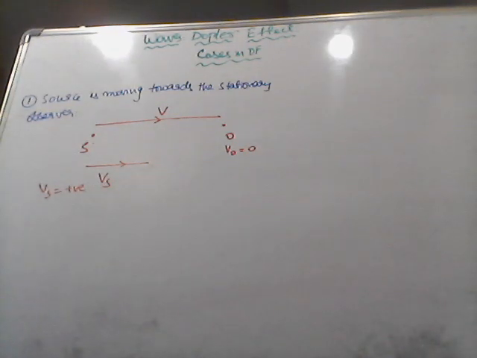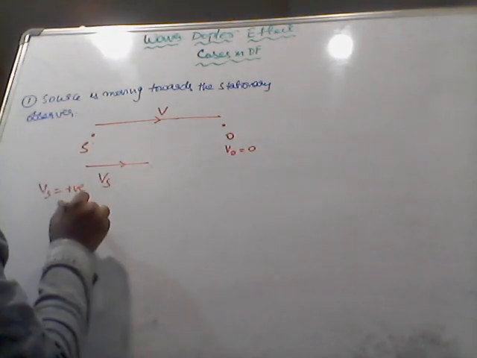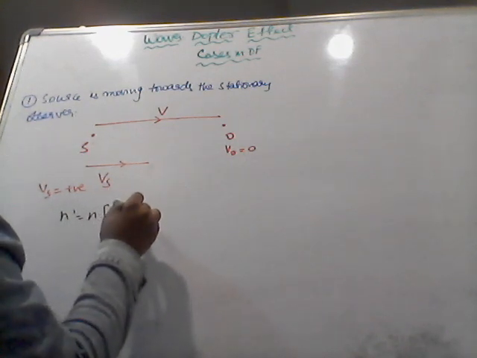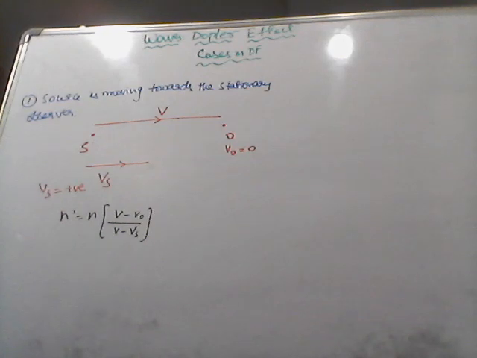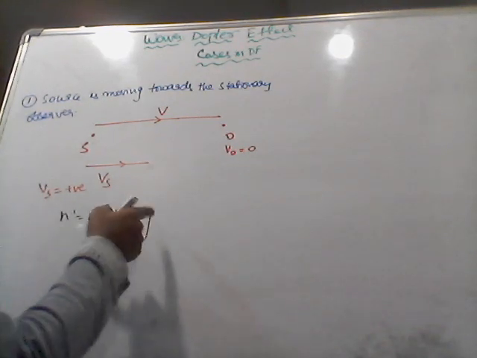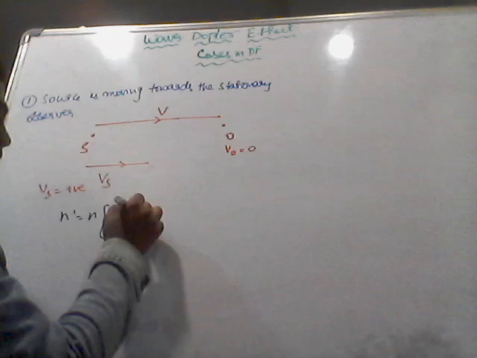Now, what is the formula that we have? N dash is equal to N into (V minus VO) by (V minus Vs), correct? Now here, VO is 0. Let me modify it.